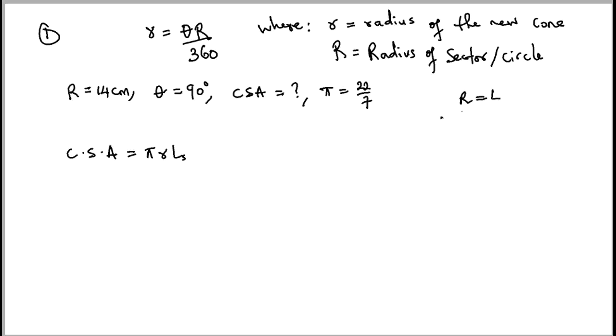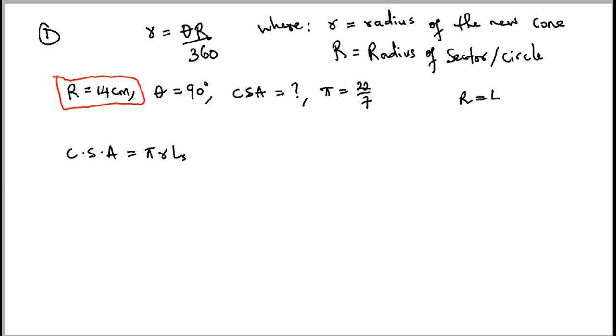So my R is still equal to L. Therefore, my slant height is just the same as 14. Always, R is equal to L.